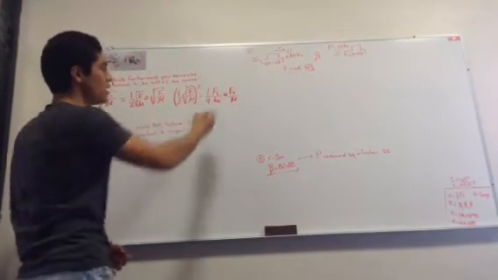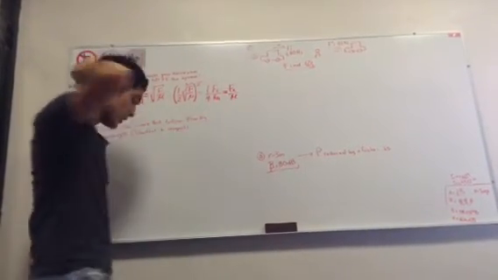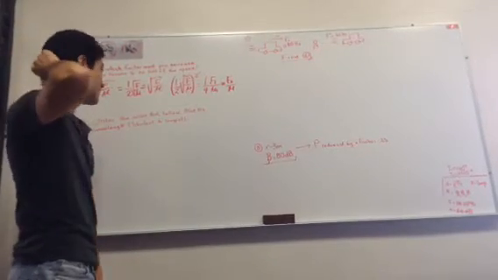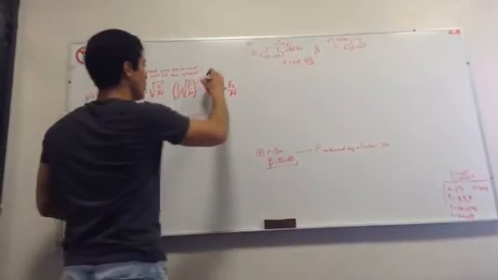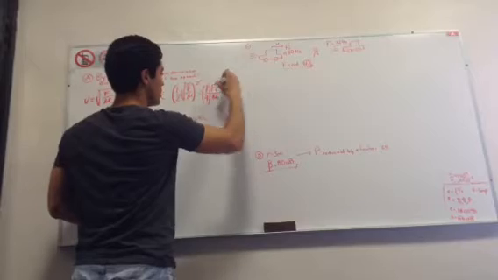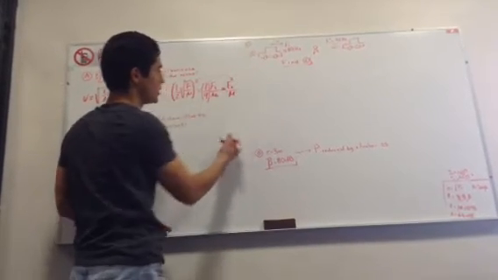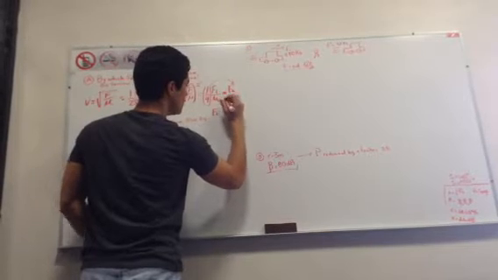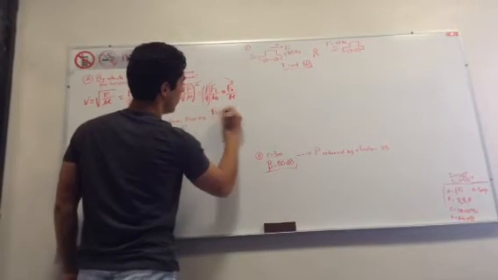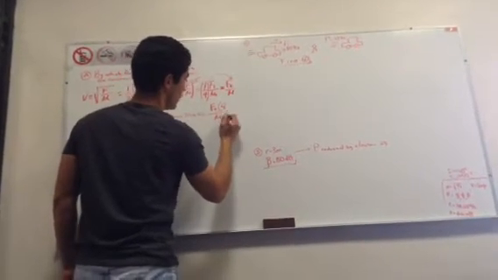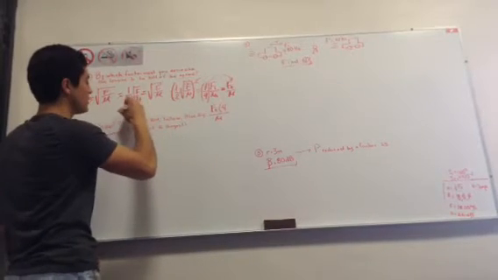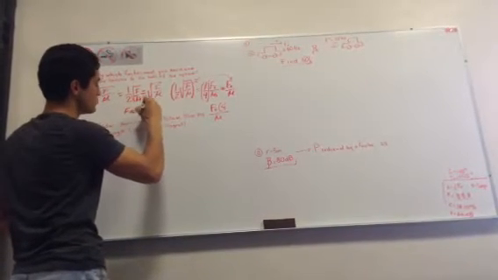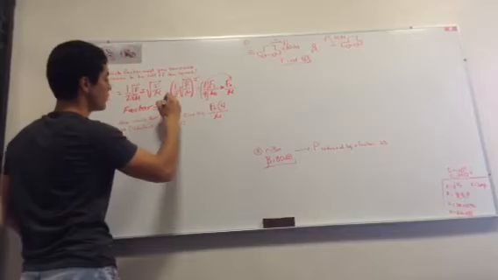And then since we need to find by which factor you must multiply the second force, all we need to do is pass this 1/4 multiplying, and we are left with force 2 times 4 over mu. So the factor is going to be 4.